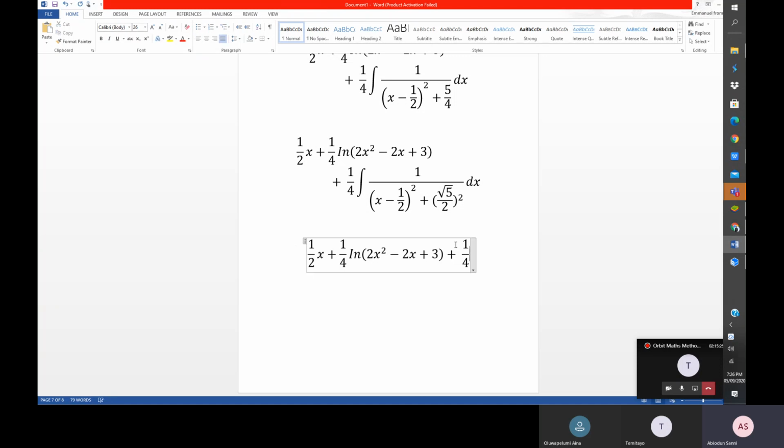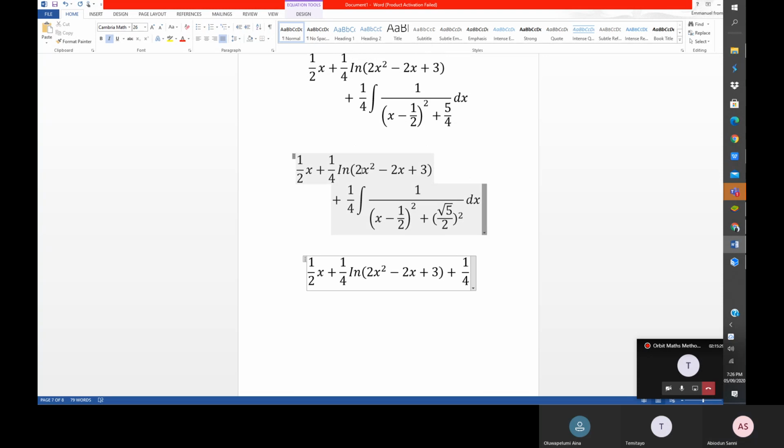So that will be tan inverse. This one will be minus 1.